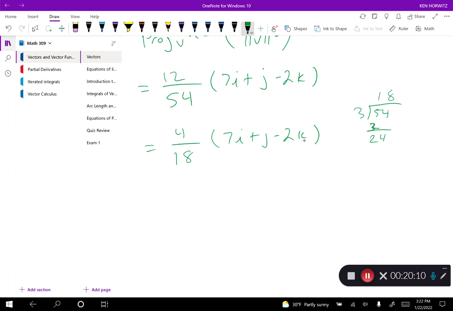And you can basically just distribute at this point. So why don't you take a minute, distribute, and we'll see what we get.